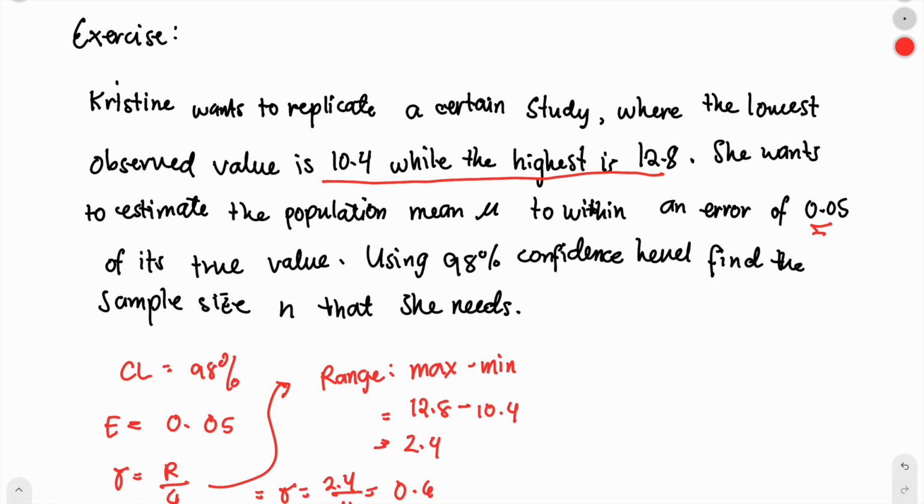So, this is the given: the confidence level, the margin of error, and the standard deviation. So, solve for n. Don't forget to formulate a conclusion. It should start with "Therefore, Christine needs a sample size of" what you're looking for.